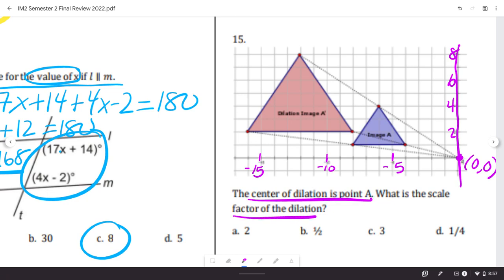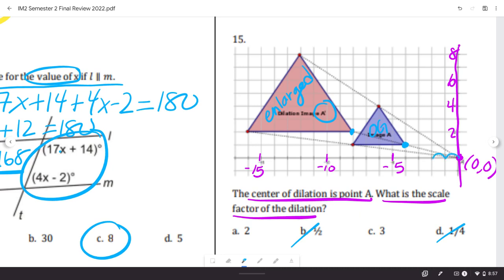And we've got to find the scale factor, okay? So you're still going to count, pick a point on image A, and then this is the dilated, and you see right there it says A prime. So that means this is the original, and this was enlarged. So that means I can cancel out the fractions. Those are not going to be my answers because it got bigger.